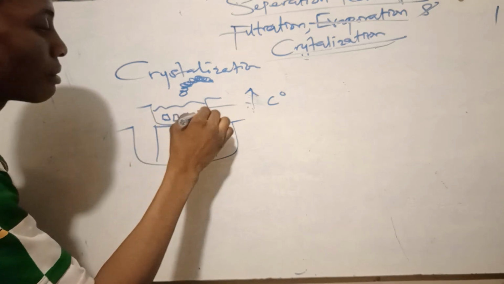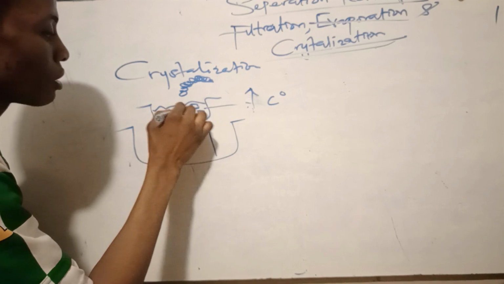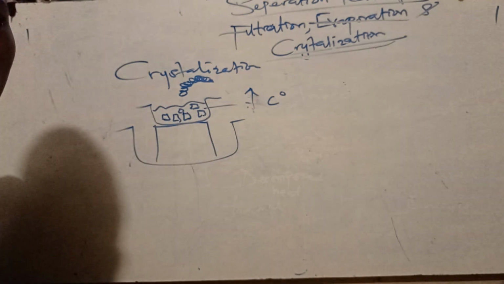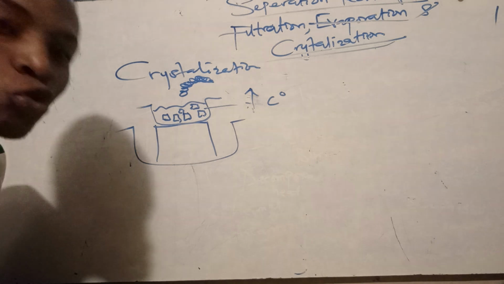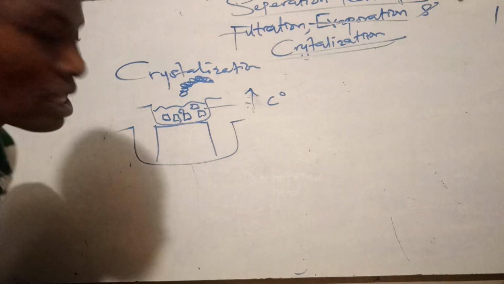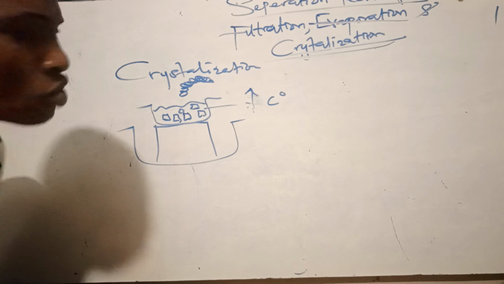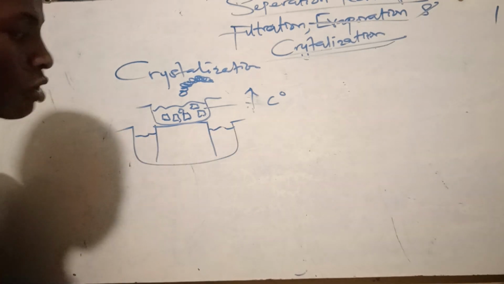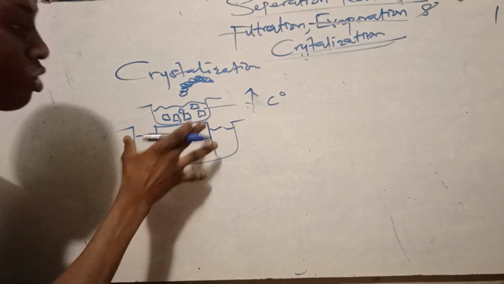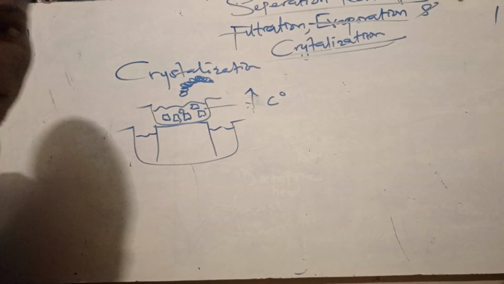Some crystals of salt forming. But we don't want the crystals to be decomposed by a lot of heat. What are you going to do? You will stop and take it off the heat.